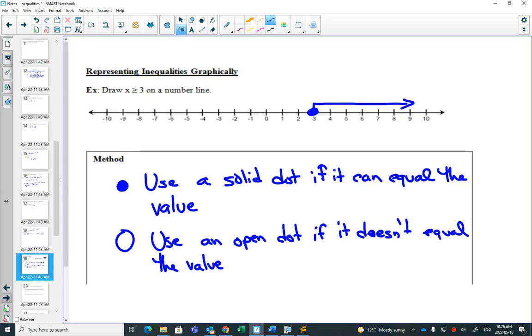So this one says x is greater than or equal to 3. We put a solid dot at 3.